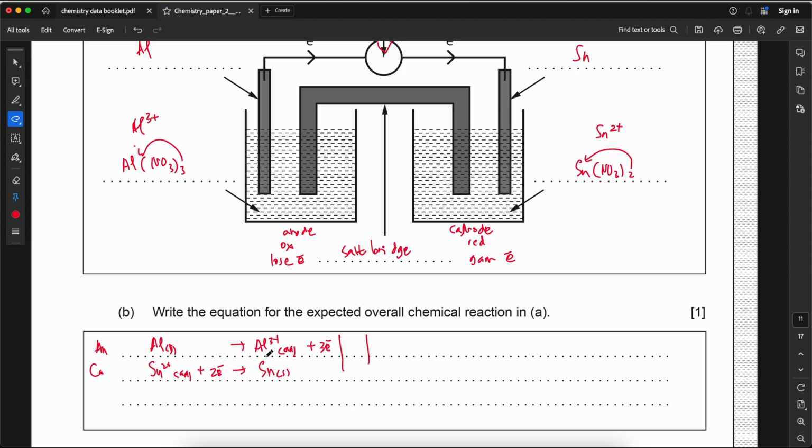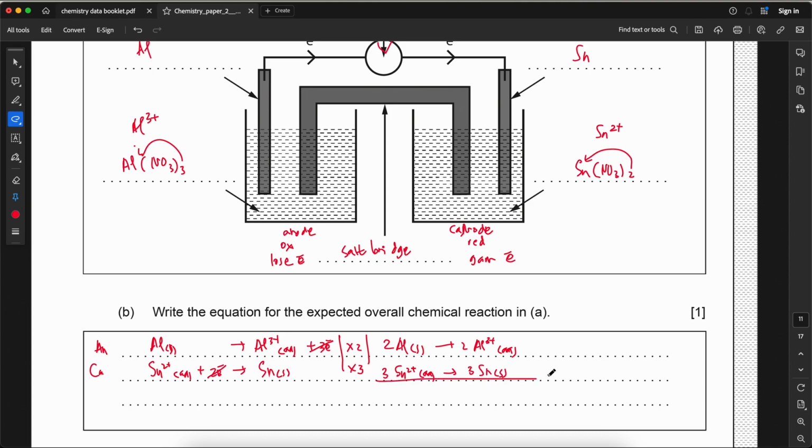And because the number of electrons are not the same, we can multiply by 2 here, multiply by 3 here, so the electrons will be 6 here and 6 here as well. We can eliminate them. So 2 Al solid becomes 2 Al3+ aqueous, and 3 Sn2+ aqueous becomes 3 Sn solid.